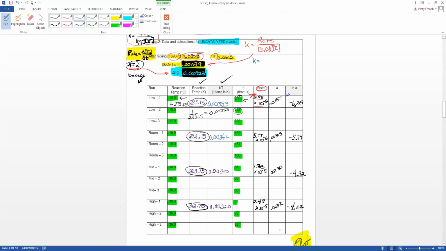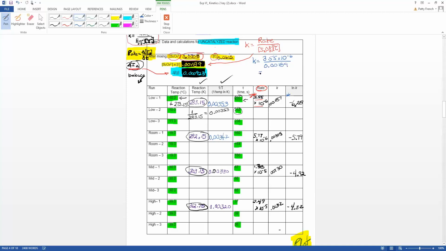K equals, what's the rate? 3.55 times 10 to the minus 6 divided by the concentration of persulfate times iodide, which was 0.00189.